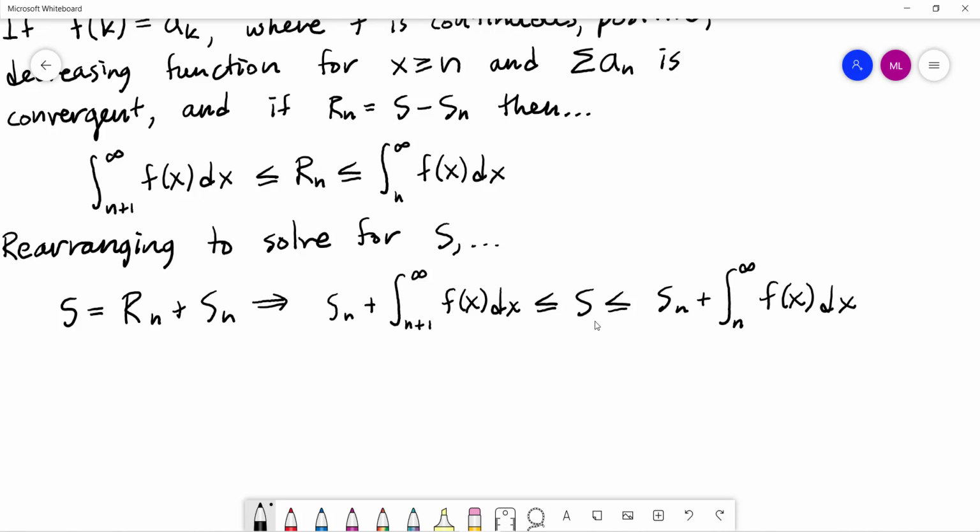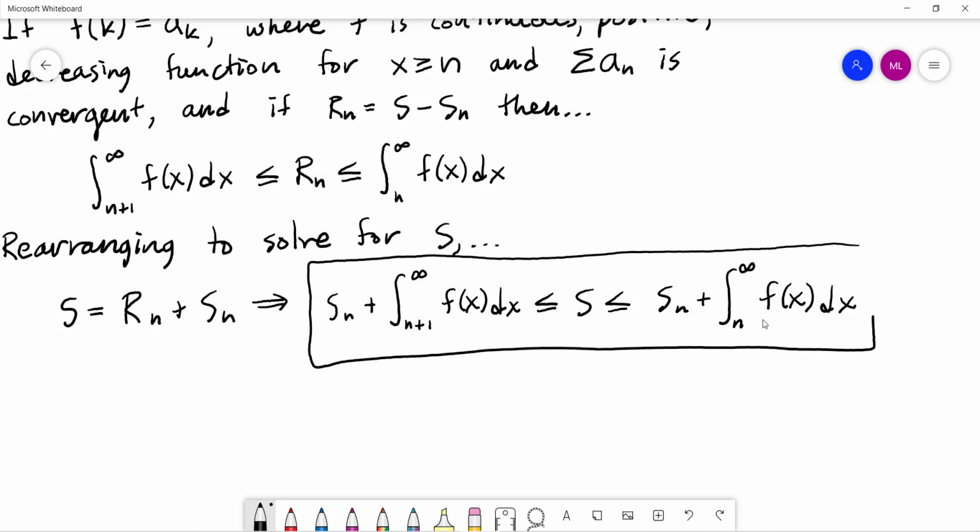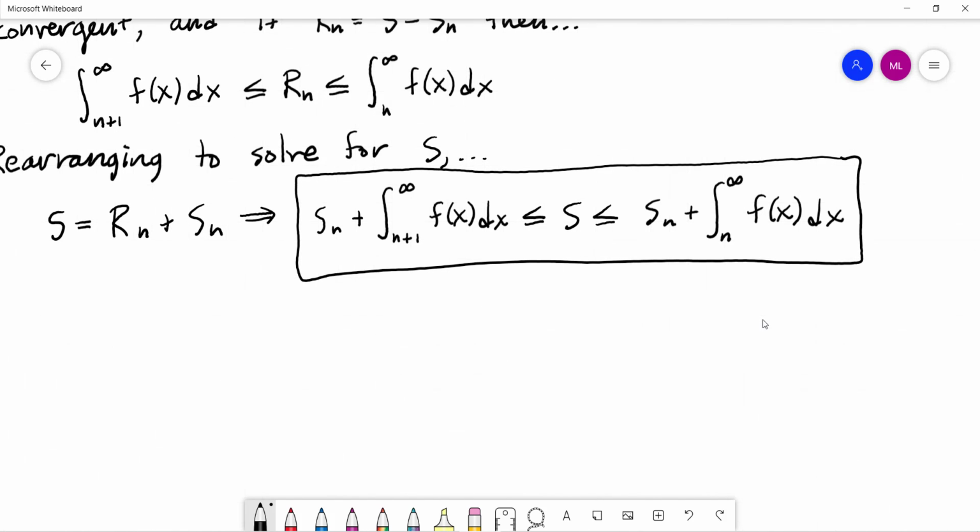We can get a lower and upper bound on the total sum S. This is what we want. If you've taken n partial sums so far, we can figure out what the true sum is because we have some bounds on what the remaining portion can look like. So this is really a useful way of approximating S.